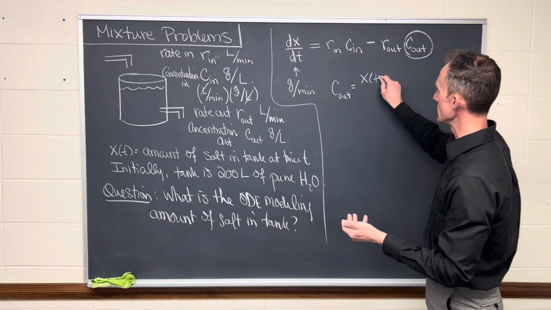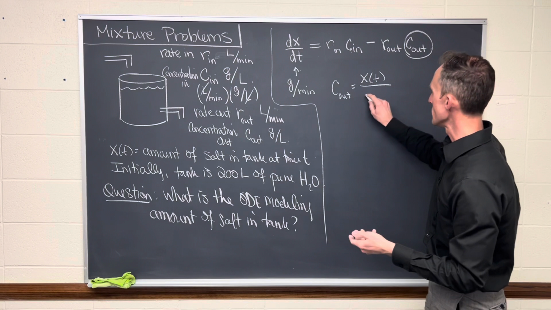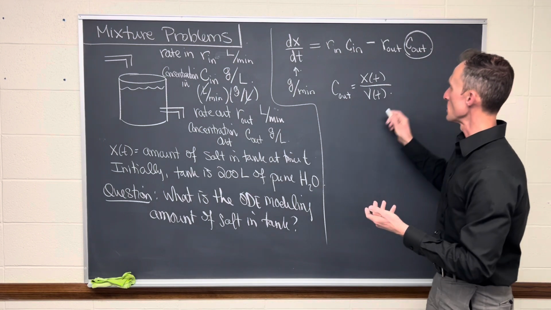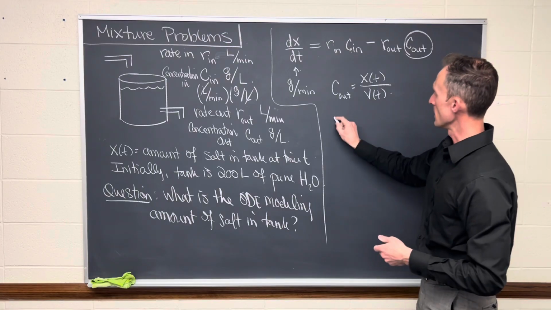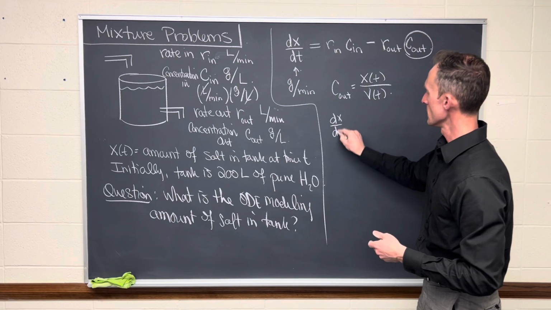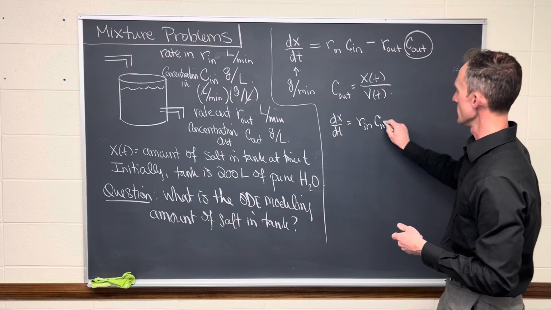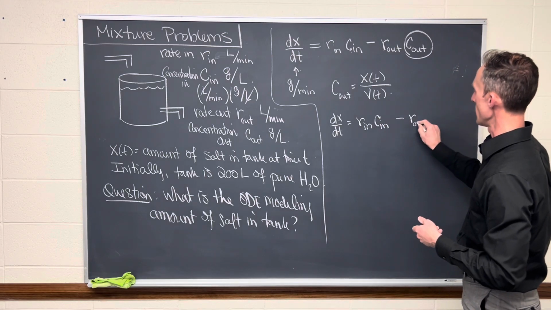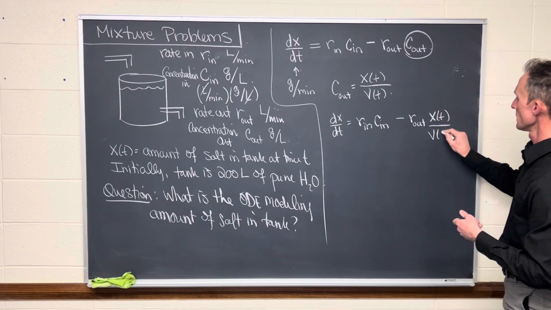That's x of t at any given time t, divided by the volume, and the volume might be changing in time. So that could potentially just be v of t. Okay, so if I plug that in, I'm left with dx/dt equal to rate in times concentration in, minus rate out times x of t over v of t.